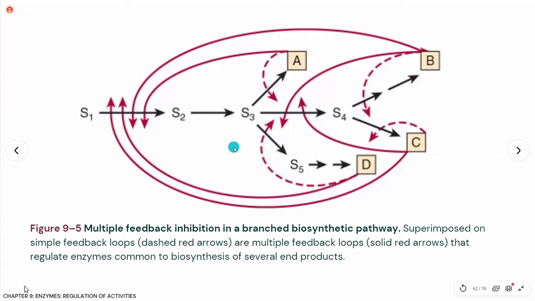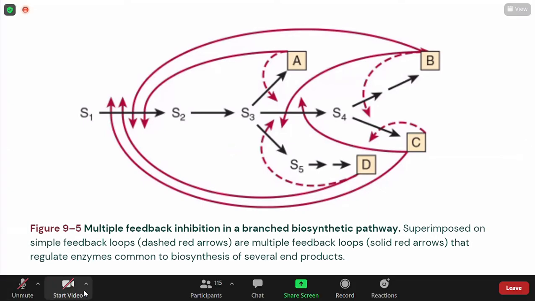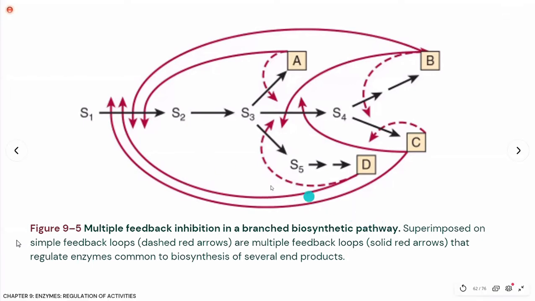Do you get the idea? So this is multiple feedback inhibition in a branched biosynthetic pathway. And this usually happens in your body. These are what we call feedback loops, feedback inhibition.